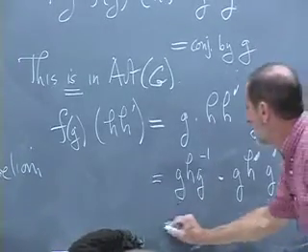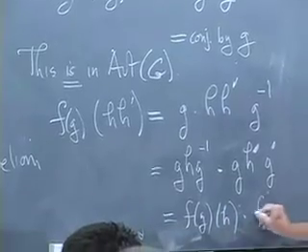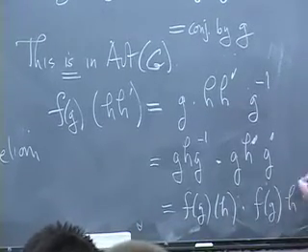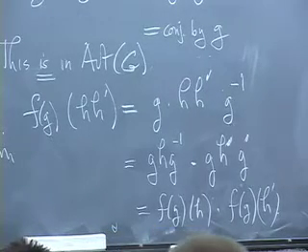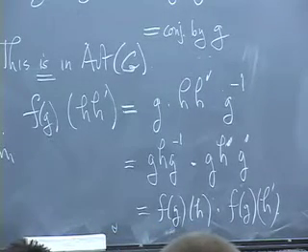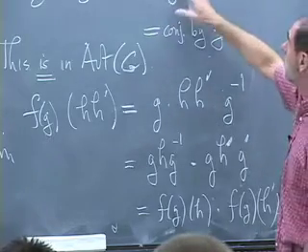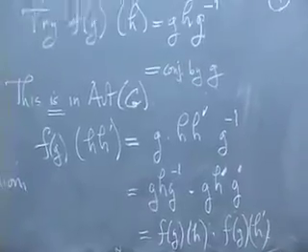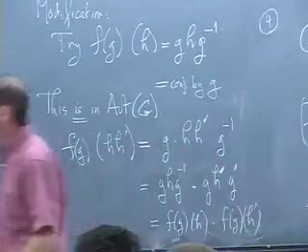And then this becomes f of g of h times f of g of h prime. So this thing is at least an automorphism of G. Now I have to check, and that's the second thing you have to check, that it's a homomorphism of groups.